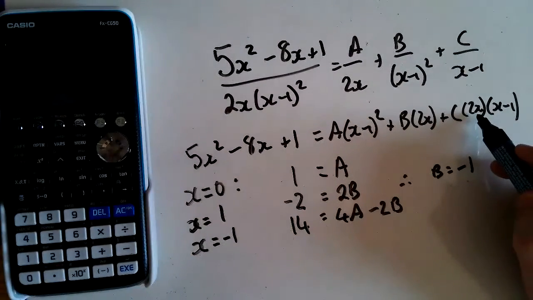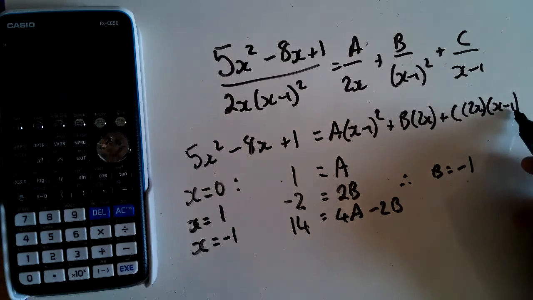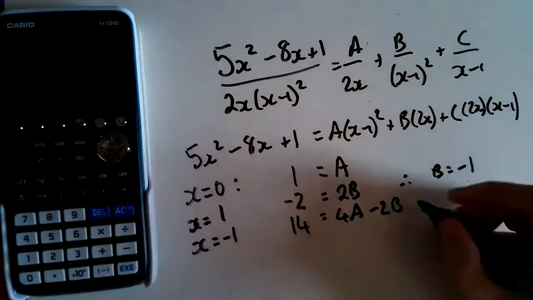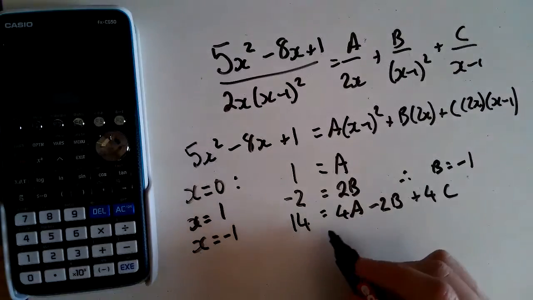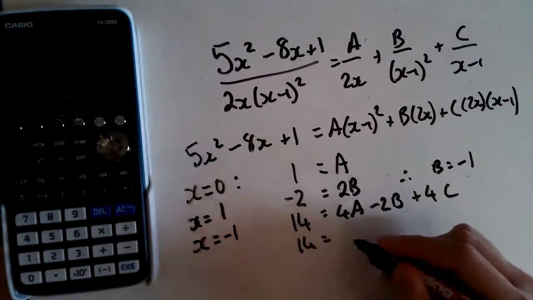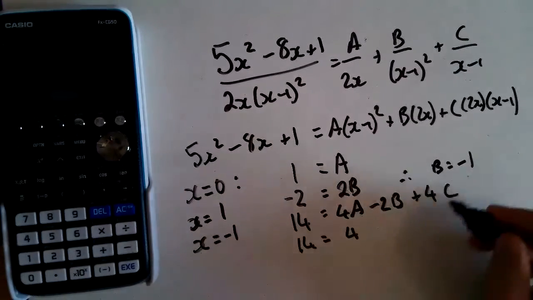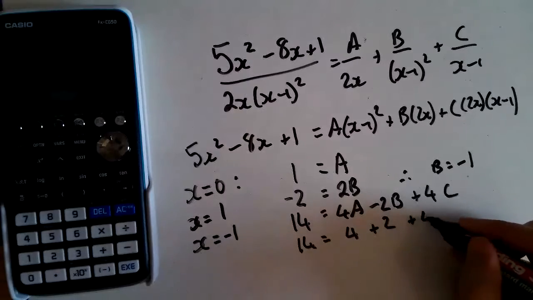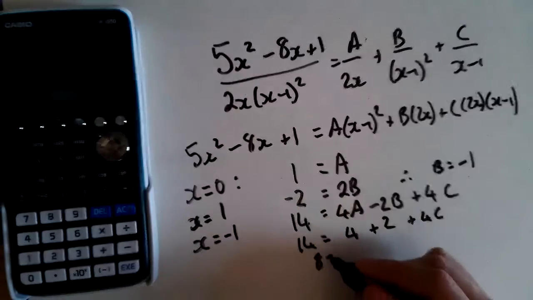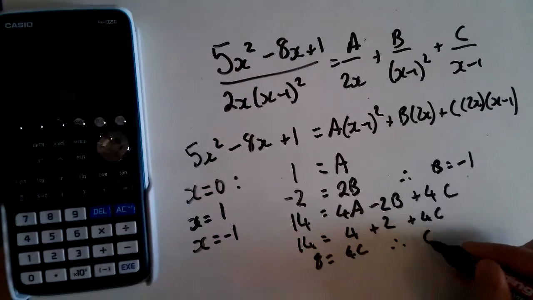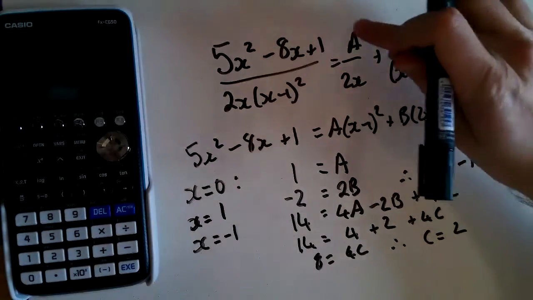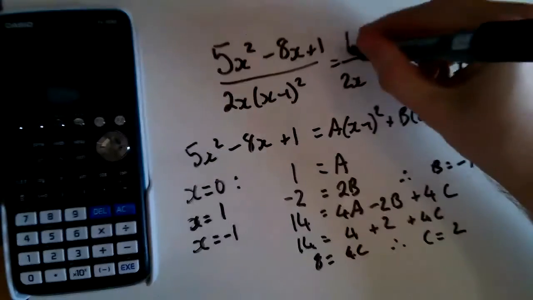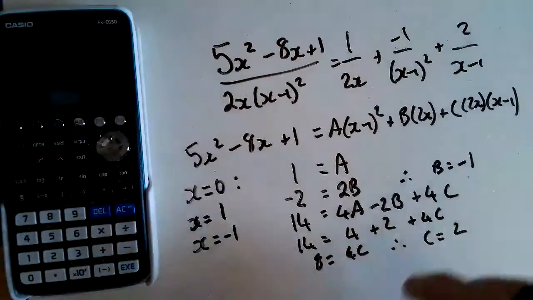Minus 1 into there gives me minus 2, minus 2 there, so that gives me 4, it's 4c. Sub in the numbers: 14 equals 4 times 1 is 4, minus 2 times minus 1 is plus 2, plus 4c. So I get 8 equals 4c, so c equals 2. So I've got 1 over 2x, minus 1 over (x minus 1) squared, and 2 over x minus 1.